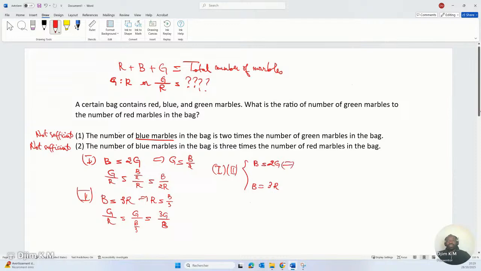And this led us to say that G is equal to B over 2, and that R is equal to B over 3.